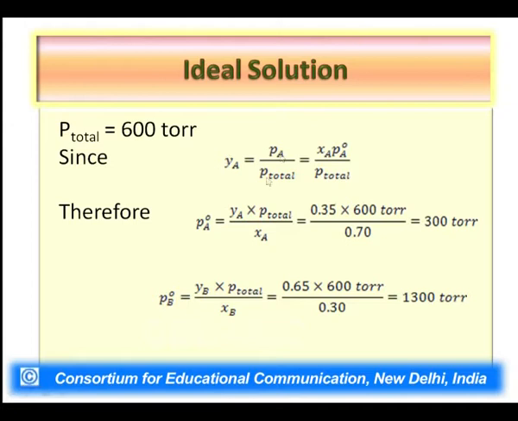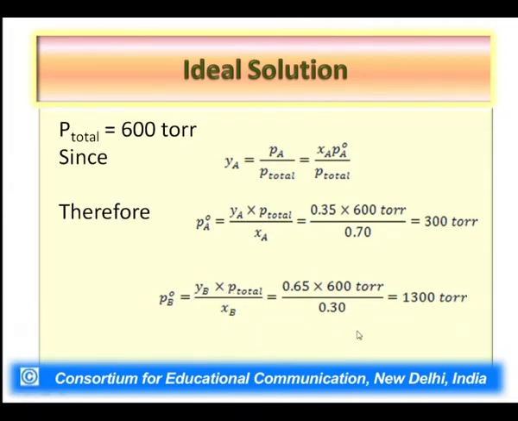Similarly, we can work out this whole formula for component B in place of component A. For example, if we want to look for YB, then YB equal to PB by P total, and this equals XB PB naught by P total. Rearranging, it gives us the formula PB naught equal to YB into P total by XB.